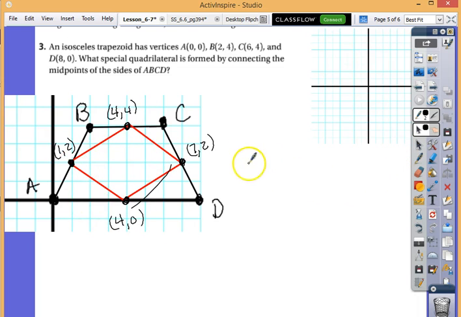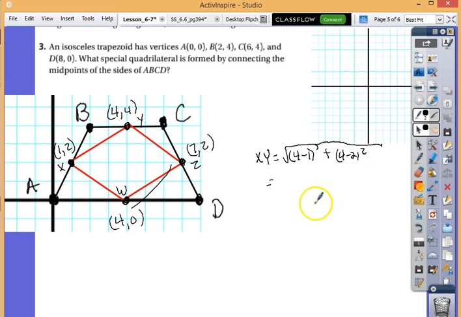I think the first thing I'm going to do is find the lengths of the midpoints. So I guess I need to label those midpoints. I'm going to call this X, Y, Z, and W. So XY would equal the square root of (4 minus 1) squared plus (4 minus 2) squared.